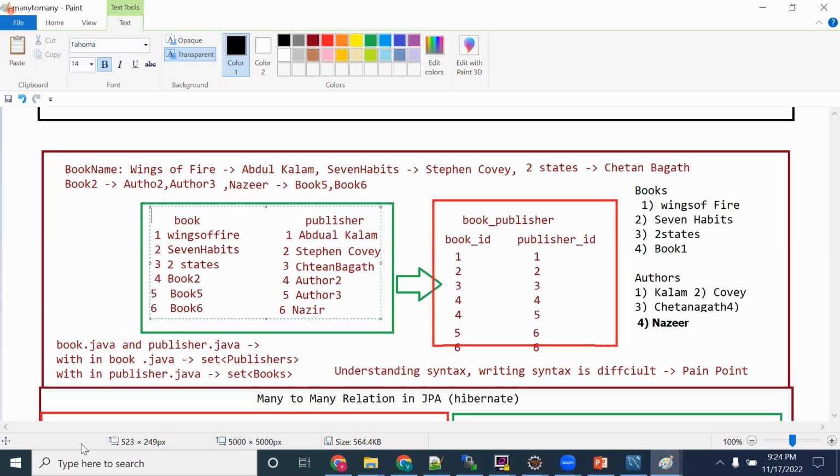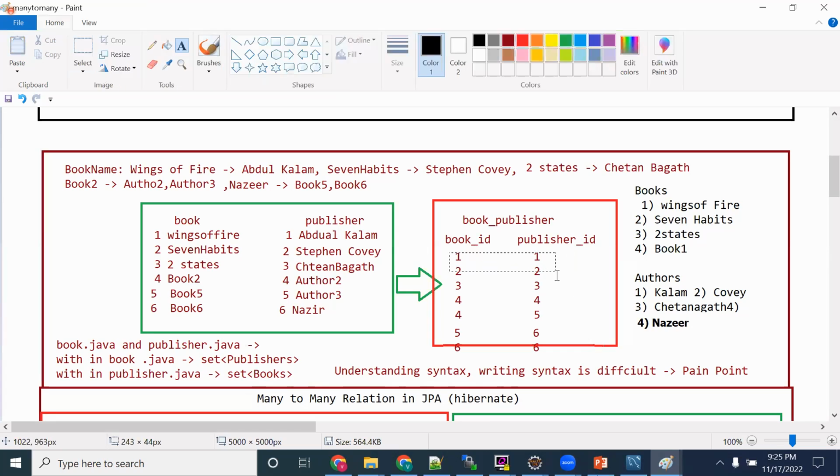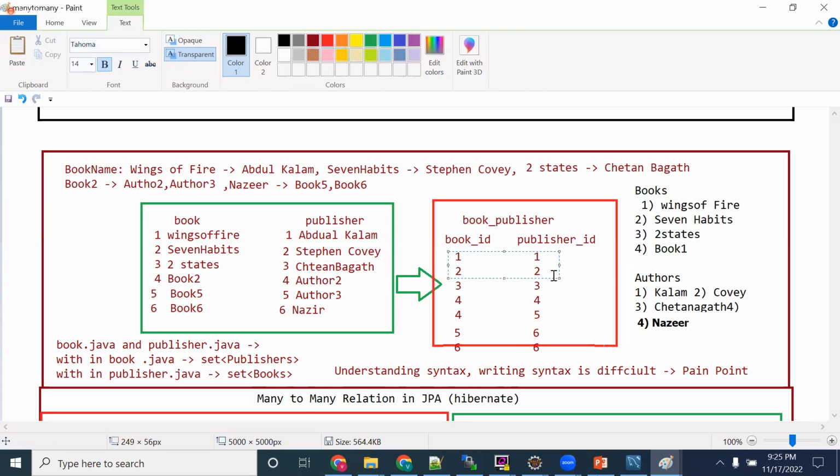Here, one book, Wings of Fire, is written by Abdul Kalam sir: 1, 1. Yes or no? 2, 2: Stephen Covey, 7 Habits of Highly Effective People. Next, 2 States, Chetan Bhagat: 3, 3.